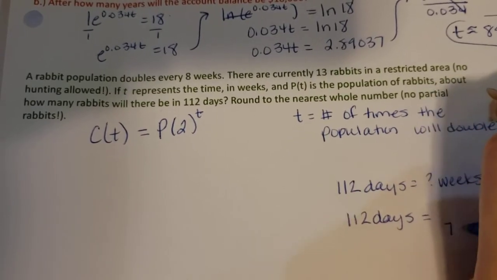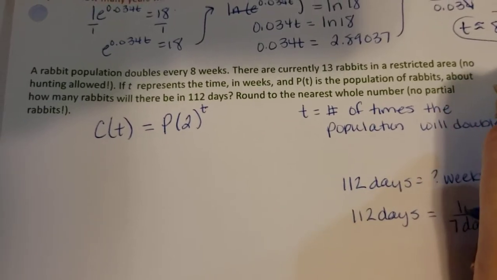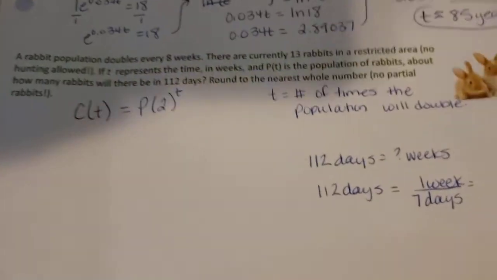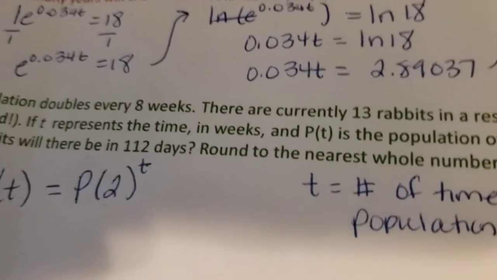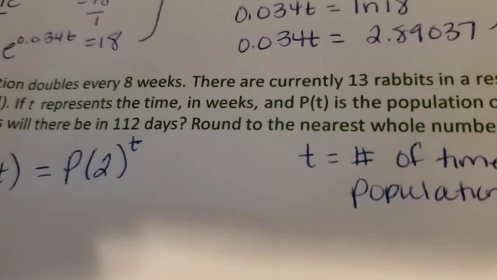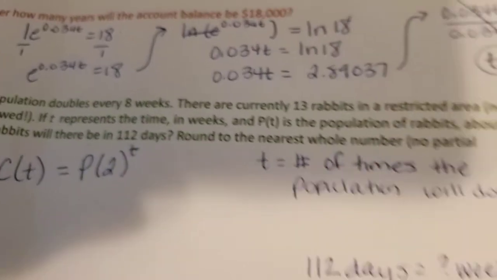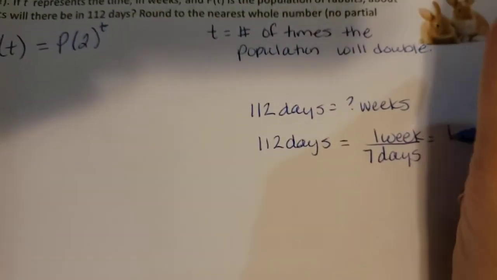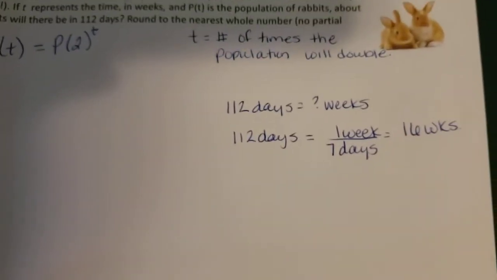Well, if I say there's 7 days in 1 week, all right, well, let's look at that. So 112 divided by 7 tells me that that's 16 weeks.